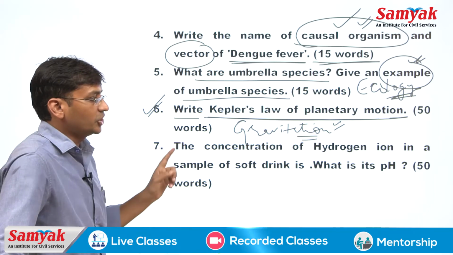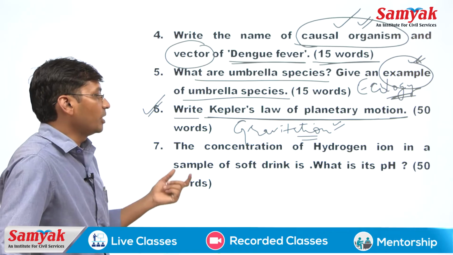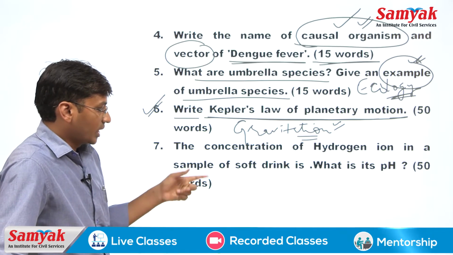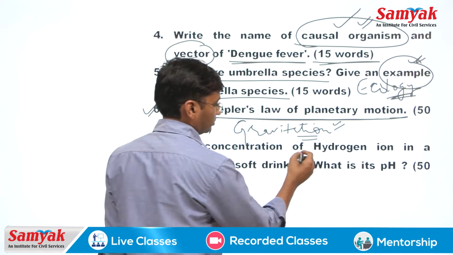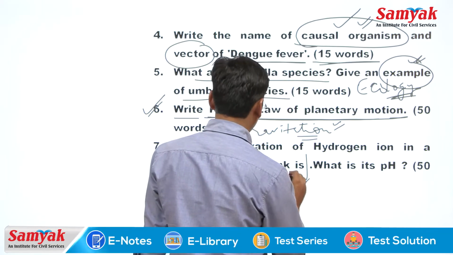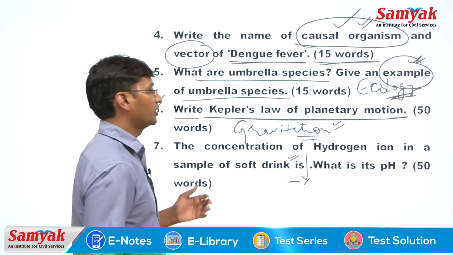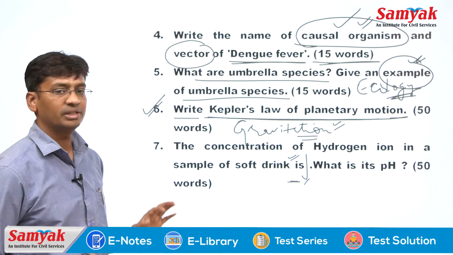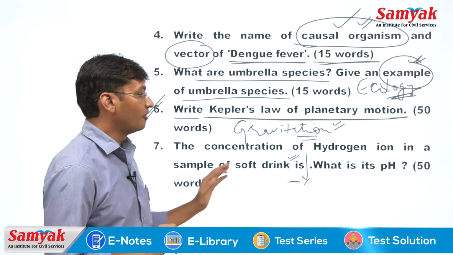Next is, the concentration of hydrogen ion in a sample of soft drink is given. What is its pH?